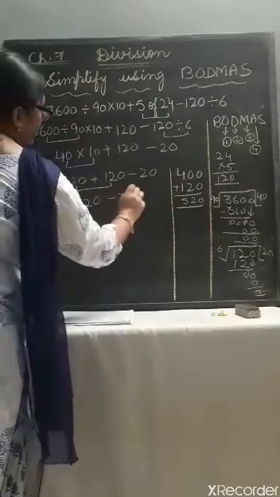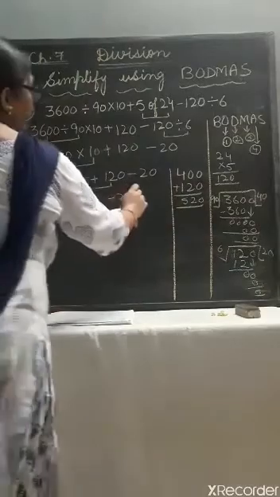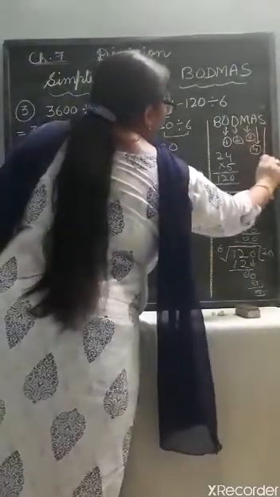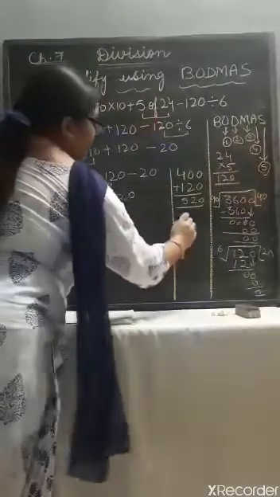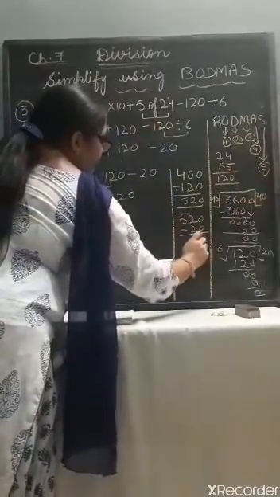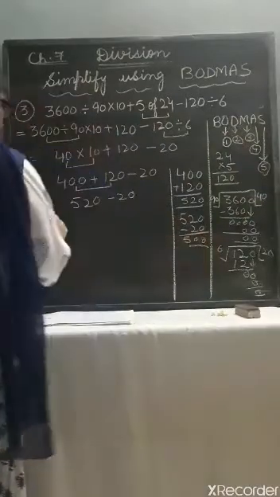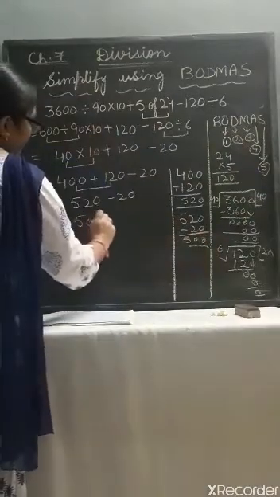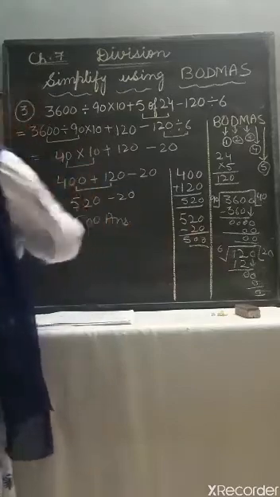Now, minus 20. Subtraction will be done in the last. 520 minus 20. This is 500. Which is our final answer.